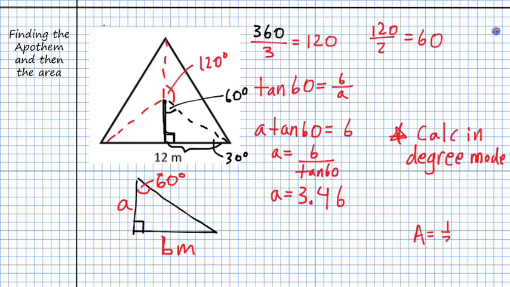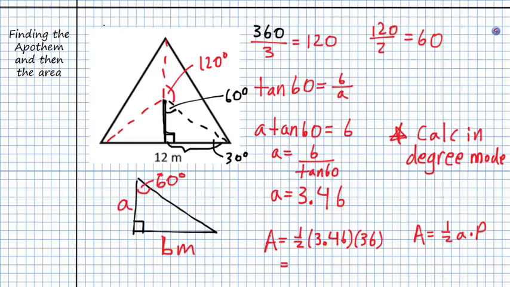And so then to calculate the area of our regular figures, remember it's going to be area is equal to 1/2 the apothem times the perimeter. So the perimeter will be 36. So the area is equal to 1/2 times 3.46 times 36.